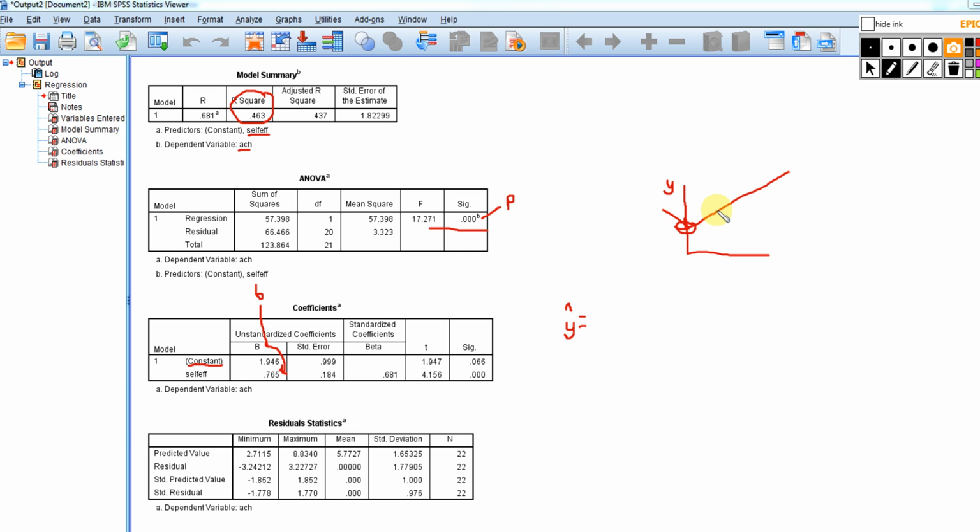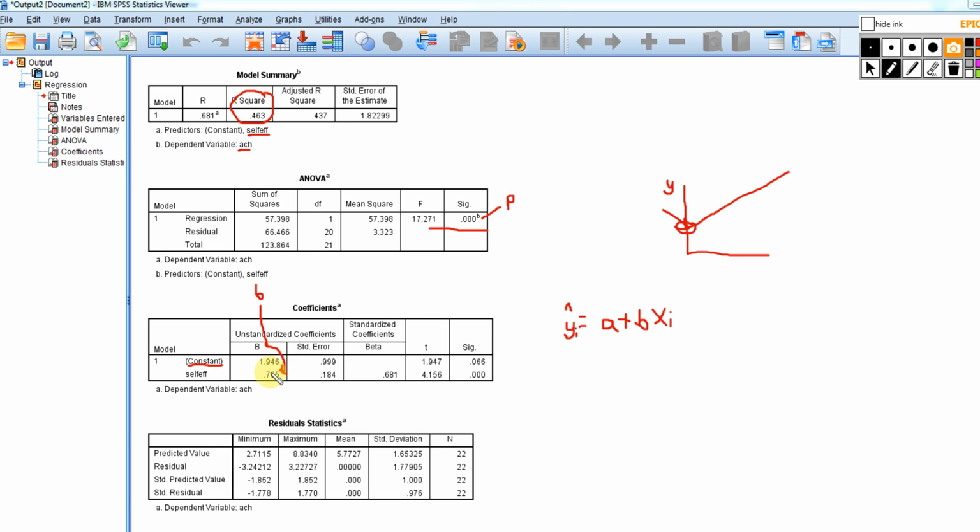So we can actually write out our prediction equation in the following way. If we know that the prediction equation equals a, which is our intercept, plus b times each person's score on the predictor x, which in this case is self-efficacy, then we could actually substitute these values into this equation.